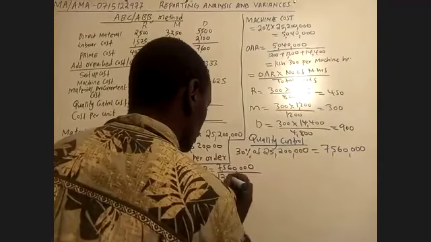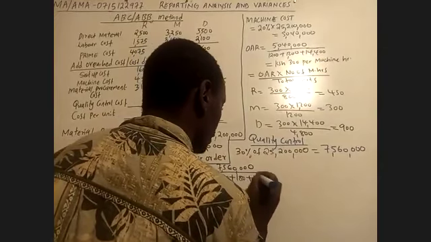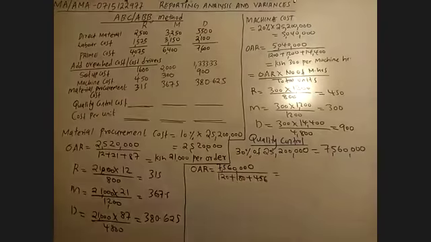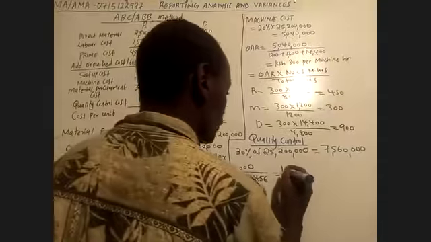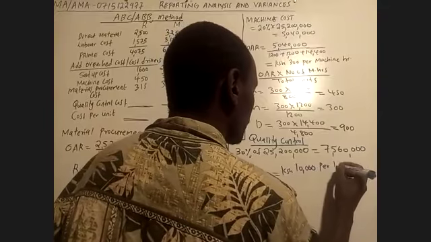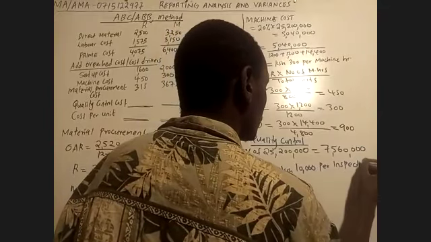So it is 7,560,000 divided by 120 plus 180 plus 456, which is 10,000 Kenya shillings per inspection.